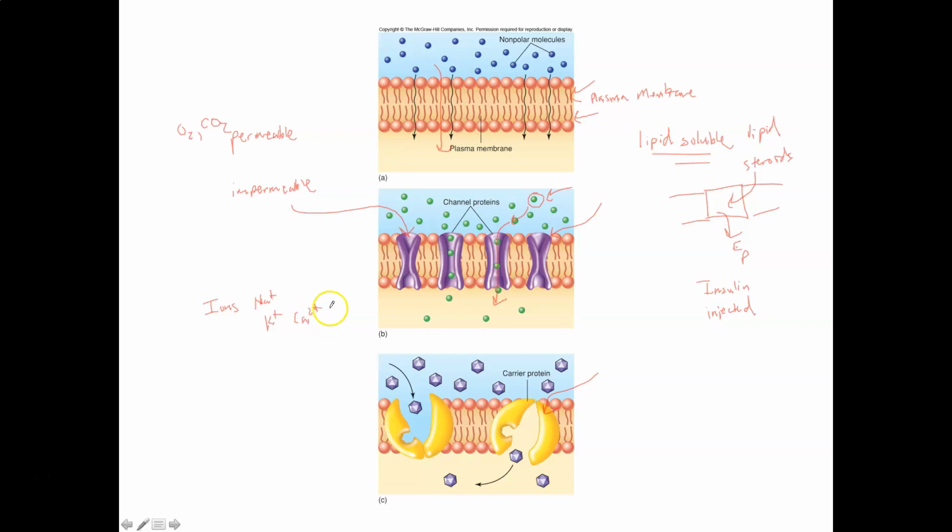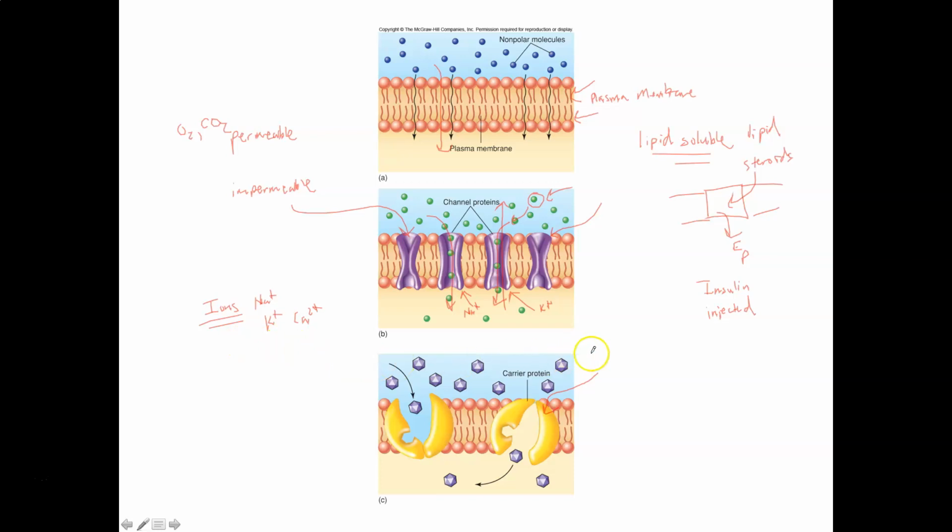But I say it's relative because if you have a sodium channel, okay, so if this represents a sodium channel, then sodium can pass through that channel. Okay? So sodium can move through if that's a sodium channel. If this channel here is a potassium channel, then potassium can move through that channel. So ions are relatively impermeable, but if you have channels, then you can make them permeable.